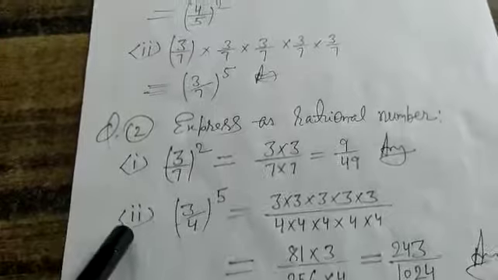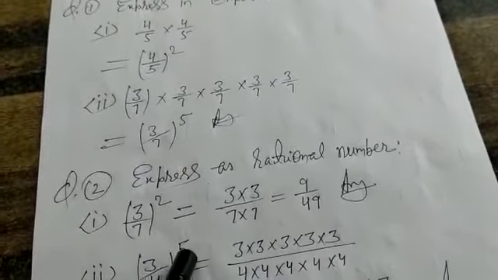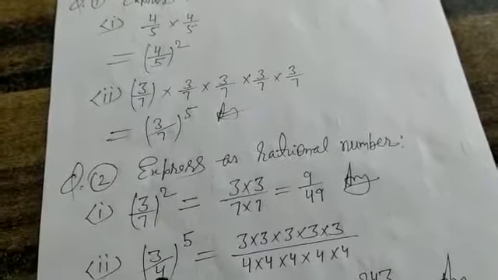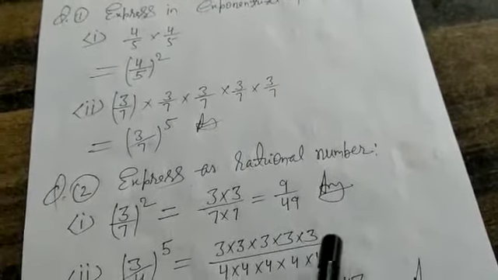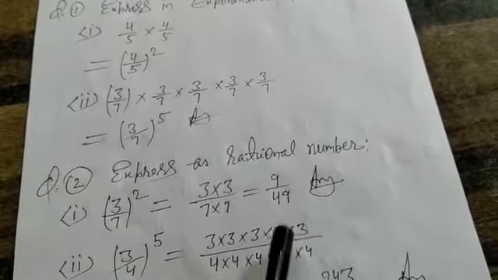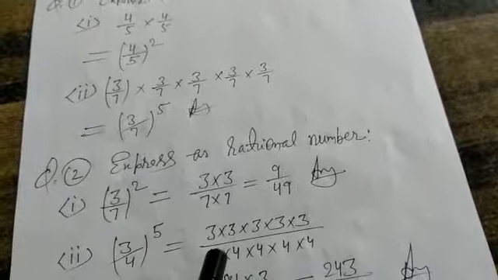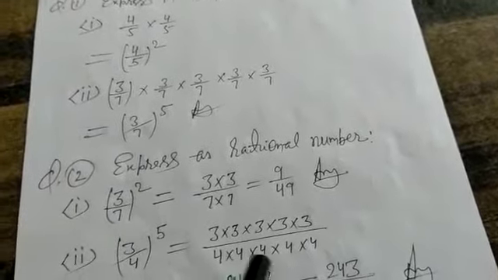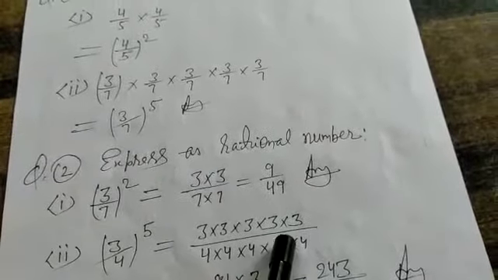Similarly, (3 by 4) to the power 5 is given. So we write 3 to the power 5 divided by 4 to the power 5. For 3 to the power 5 we write 3 into 3 into 3 into 3 into 3, and for 4 to the power 5 we write 4 into 4 into 4 into 4 into 4.